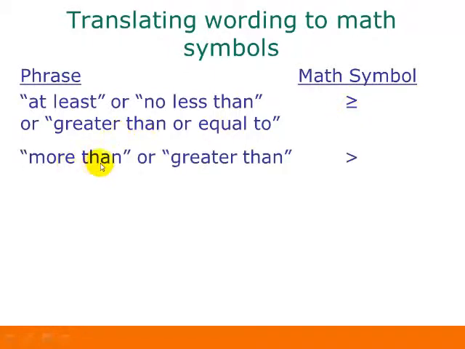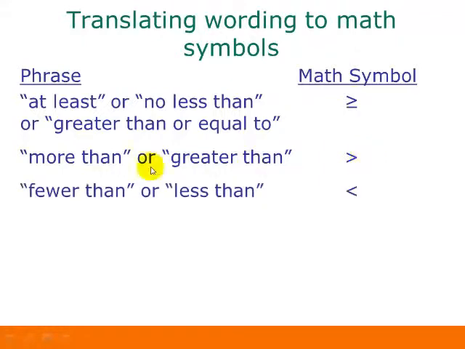Now if we have a more than or a greater than, that translates into just a greater than symbol, and that means that the actual value that's over here is not included because there's not an equal symbol here. Fewer than or less than translates into a less than, and again this means that whatever value is here is not included.